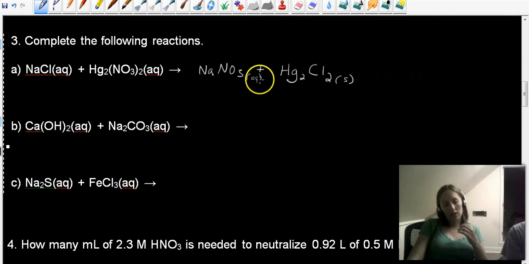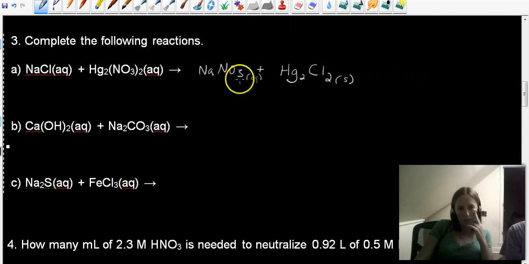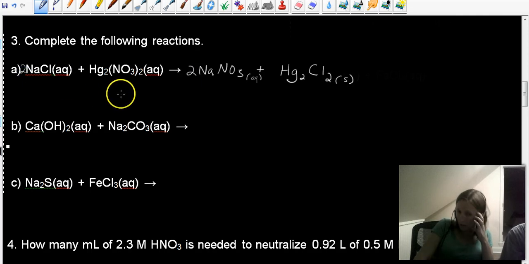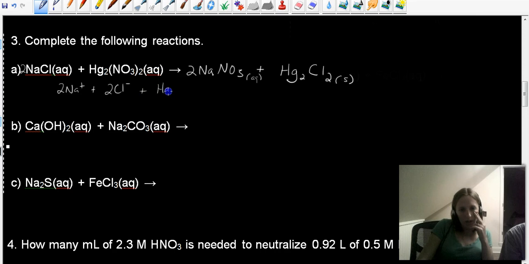If you're going to write this as the net ionic equation, first you would balance it because you're a good person. There we go. The sodium and the chloride and the Hg2 and the nitrate, 2 of them, yields 2 sodium and 2 nitrates.